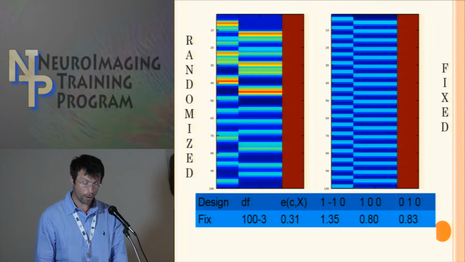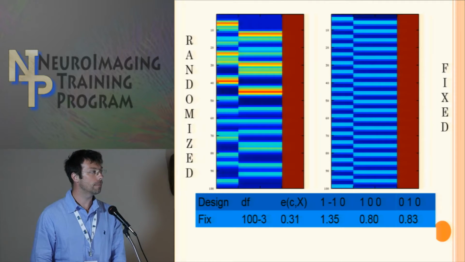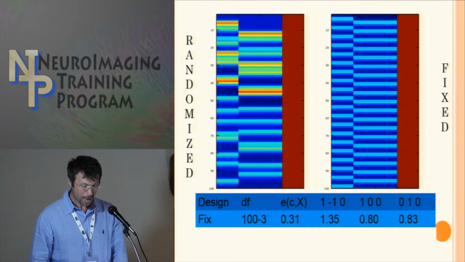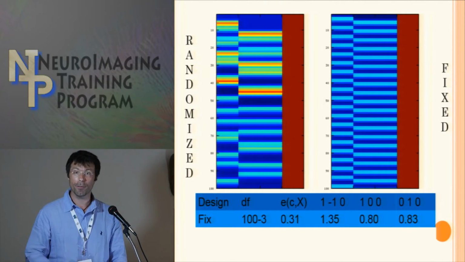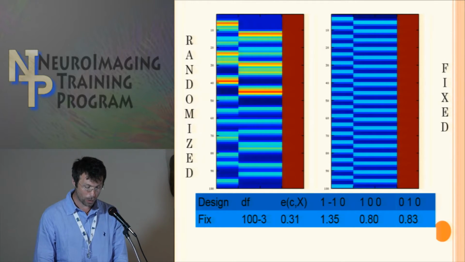So which of the two should I use? Well, very simple. Let's look at efficiency. The overall efficiency of my fixed design, given my 3 contrasts, and given the experimental design, which is this on, off, and the interleaved off, on. Given this particular experimental design, the efficiency is 0.31.